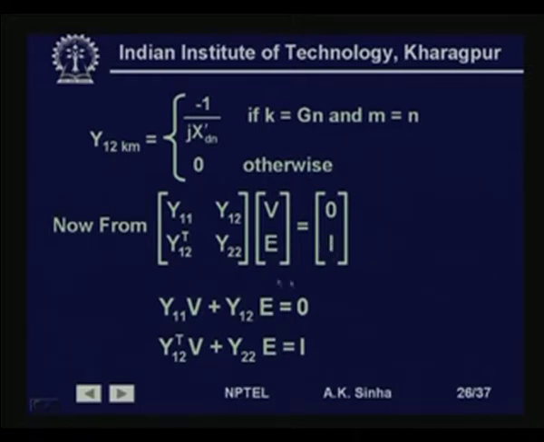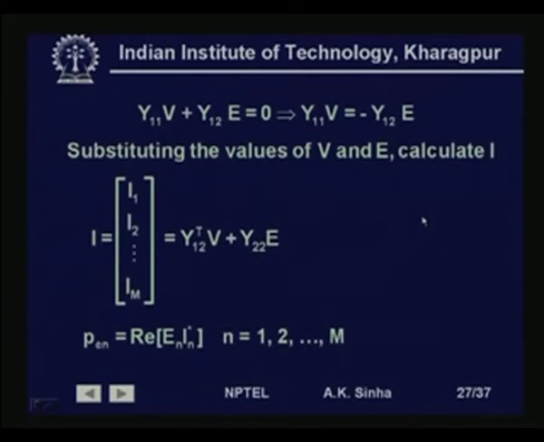So, these are the two sets of equations which we need to solve for finding out the currents, the voltages and the power injection from the generators to the network.